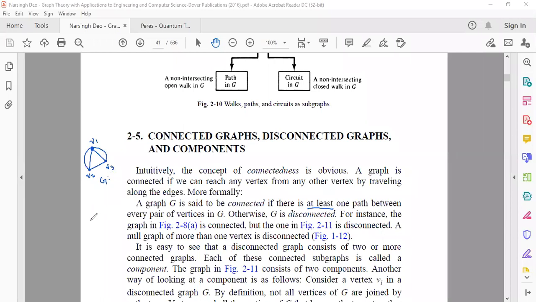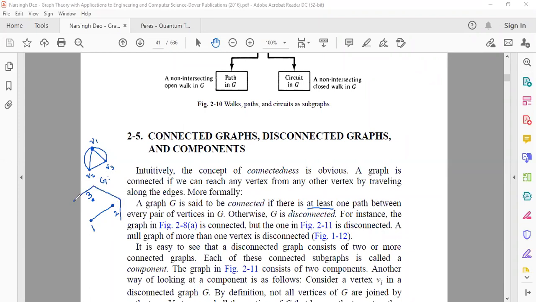But suppose there is a graph like this, and suppose this vertex is 3. Between the pair 1 and 3 you are unable to find any path, or between the pair 2 and 3 you are unable to find any path. Then we shall call this type of graph a disconnected graph.